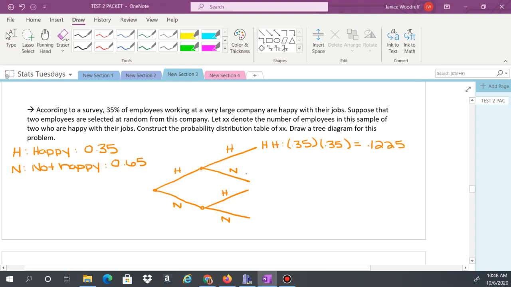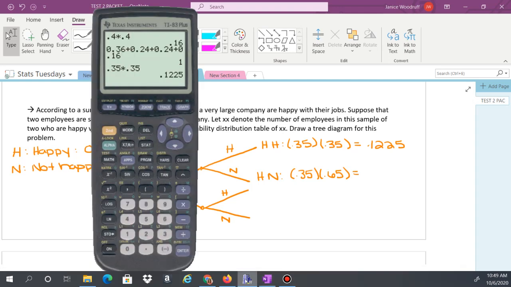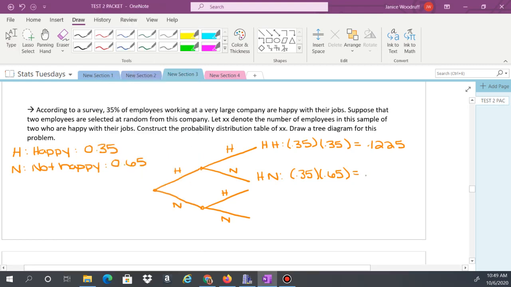Then you have happy, not happy, which is going to be 0.35 times 0.65. That's going to give us 0.2275. Then not happy, happy.